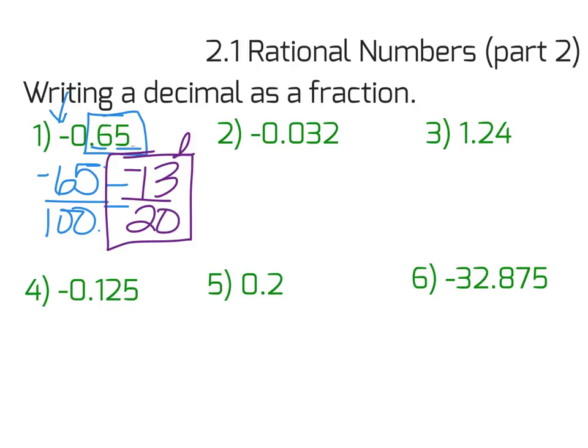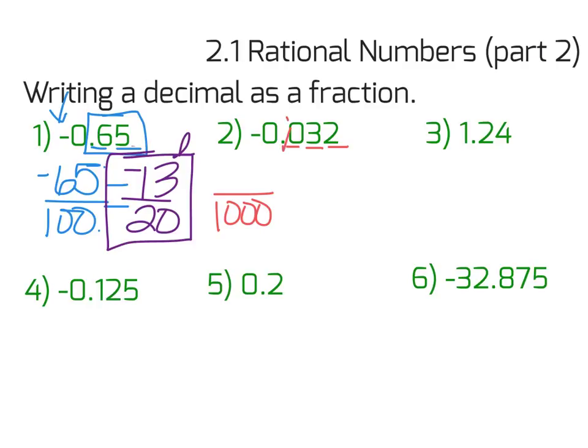So the first thing, every single time that you have these decimals, the first thing that you have to figure out is what number has to go on the bottom. So we have to look at the place value. This is where your place value is super, super important. So here's the tenths, hundredths, thousandths. So whatever it is, we're going to put 1,000 on the bottom, okay? And then we look, and it's now 0.032.